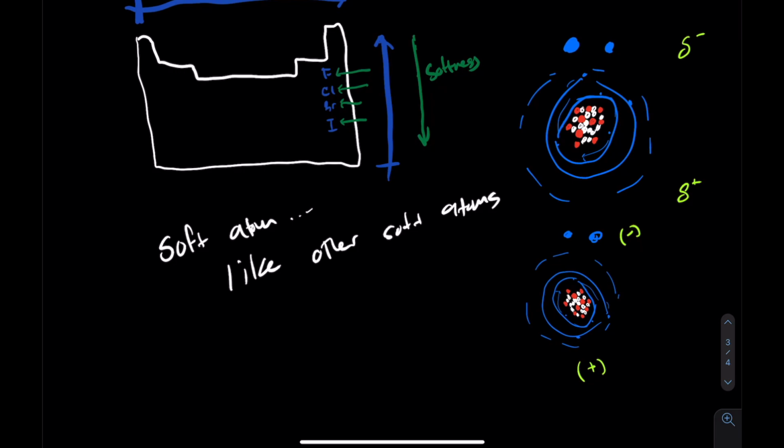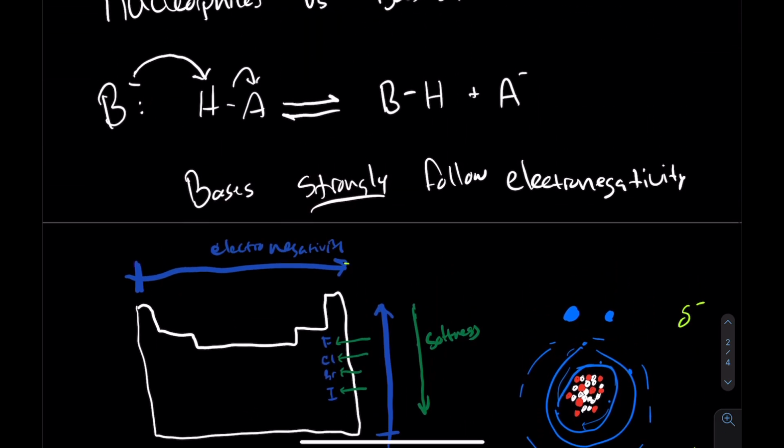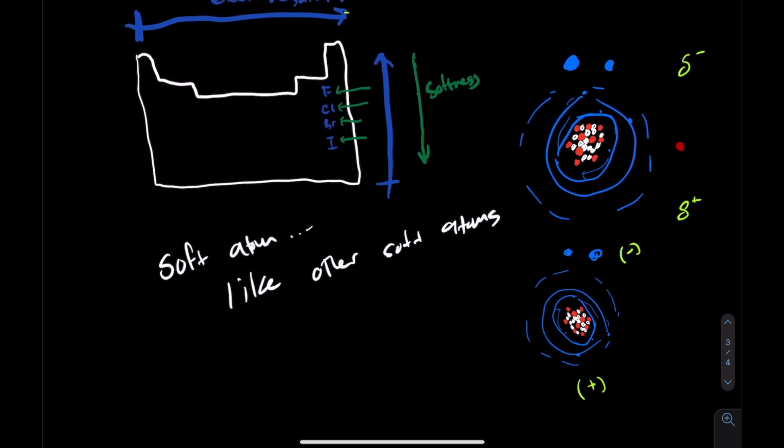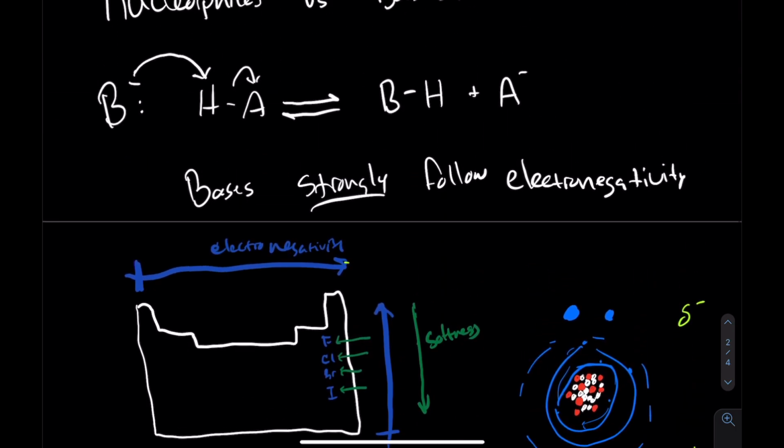On the other hand, when we're talking about bases, all right, bases like protons. And a proton is about as hard as you can possibly get. A hydrogen proton, the H+, has no electrons. It is incapable of this polarization here of a soft atom, which means that a proton is infinitely hard.